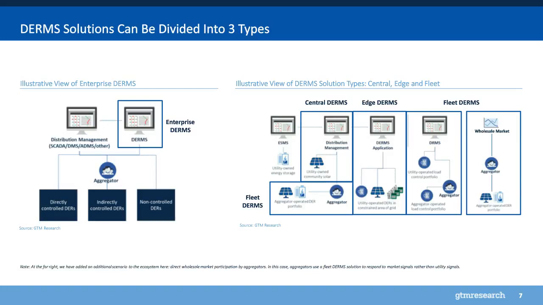Next most common, we see this centralized DERMS application or centralized DERMS view, which moves away from that pure VPP model and more towards an integrated distribution model, where you're operating that system more as a peer to a DMS and enabling potentially some DSO functionalities and better understanding how DERs are integrating with the distribution rather than the wholesale market.